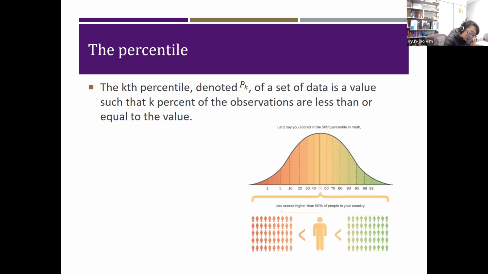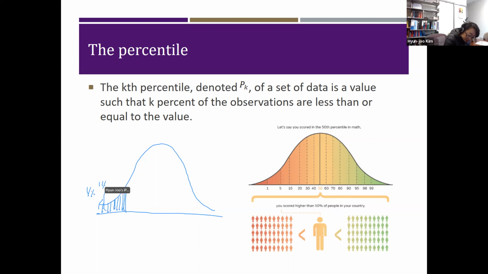So when you have a distribution of the data, you can imagine dividing your data set so that each slice has 1%. So here's 1% of the data, 1% of the data, 1% of the data.